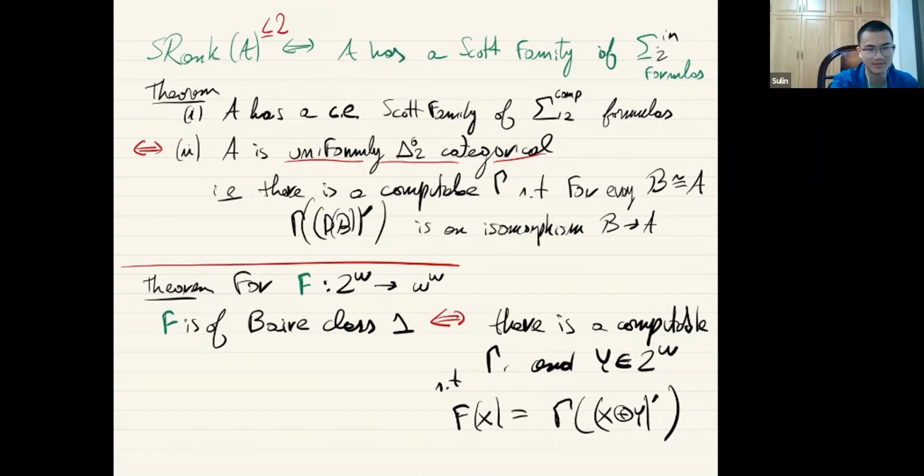In the proof of the Baire rank, and also in the higher ranks of the Borel class, you still need the concept of computability.